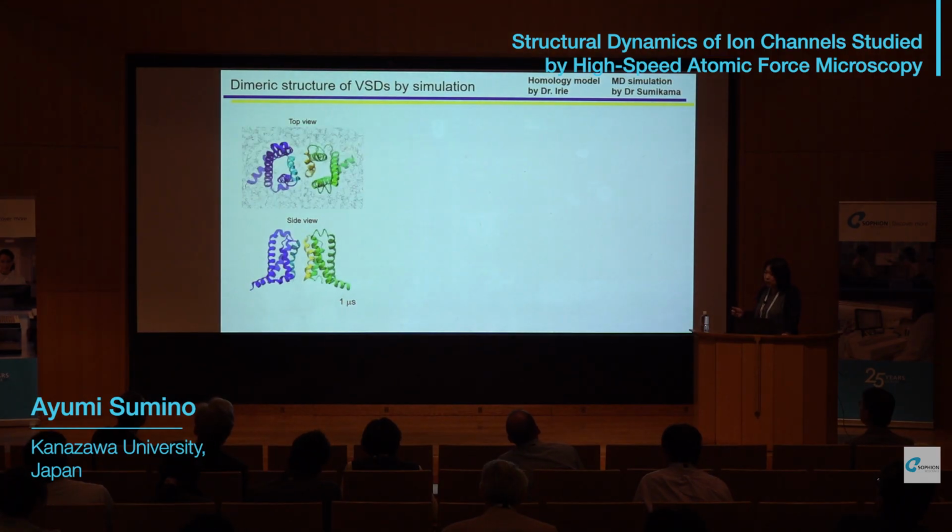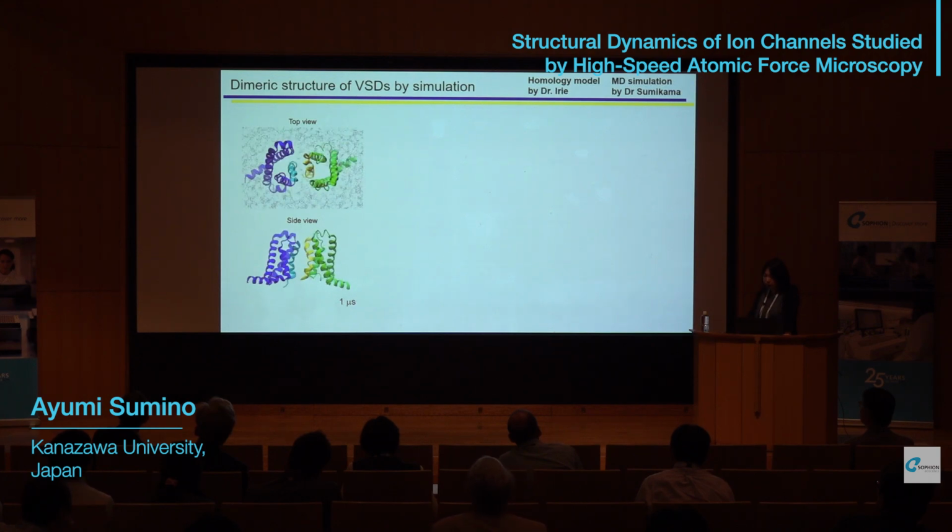To verify our hypothesis, we carried out a molecular dynamics simulation with homology modeling of the voltage sensor dimers like this, and the dimeric structure of voltage sensor domains is stable for at least 1 microsecond.